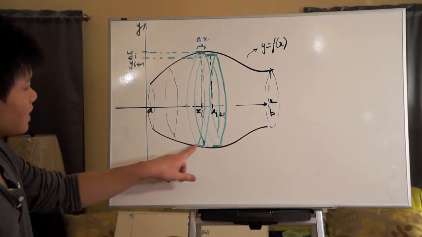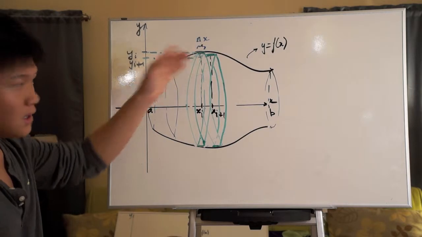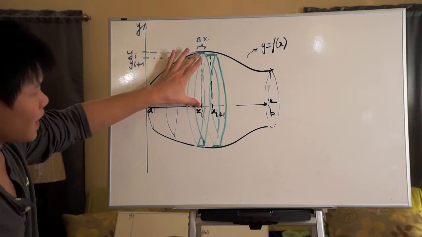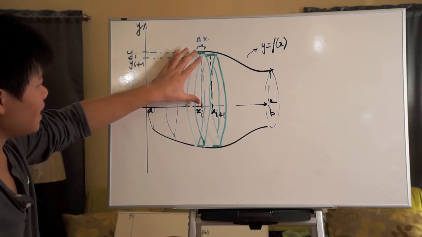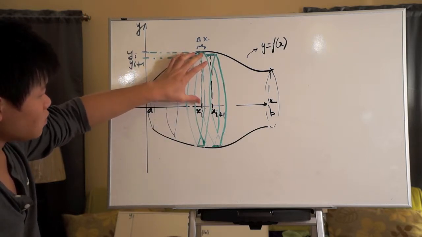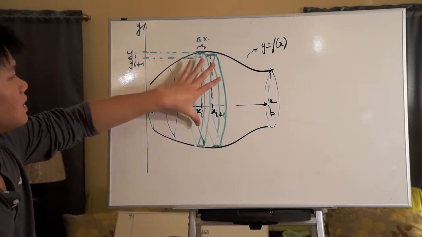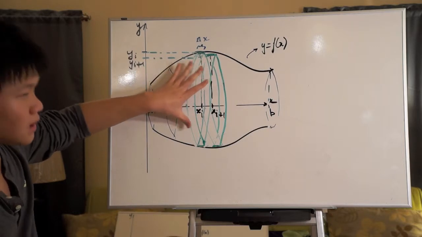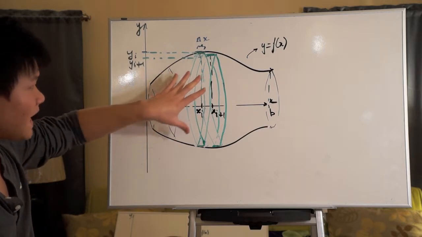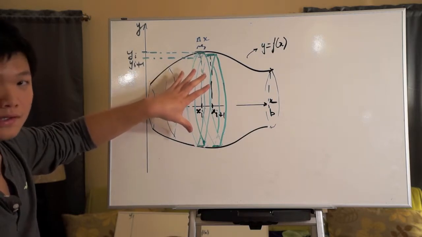Now let's have a look at these increments. At this value, we generate some increment x going horizontally, and we have a sort of radius, you can think of it like that, revolving around the x-axis. A radius revolving around the x-axis gives us a circle, and when that circle is shifted horizontally, casting out a surface, we would have a circular cylinder.